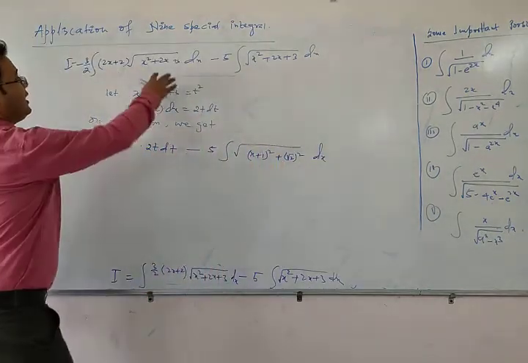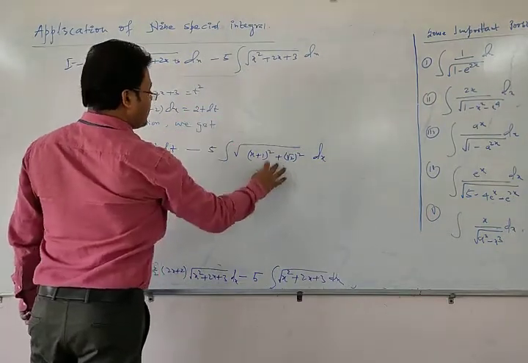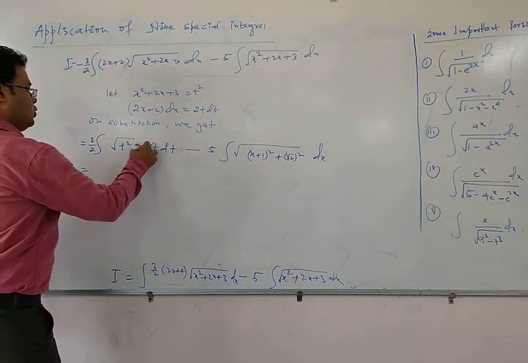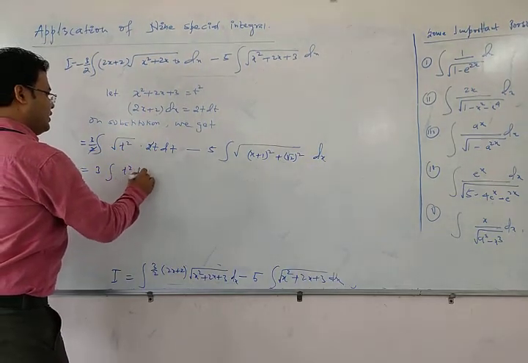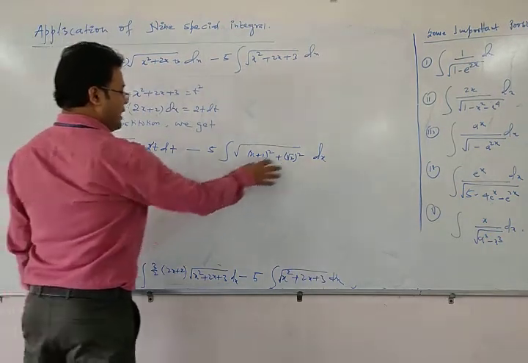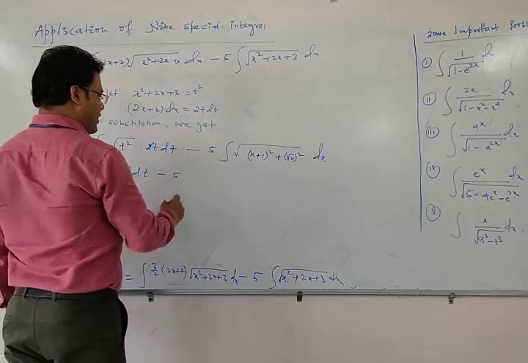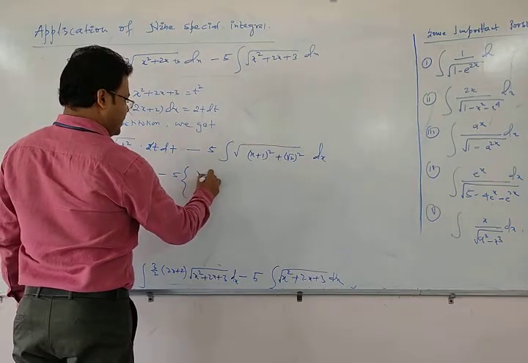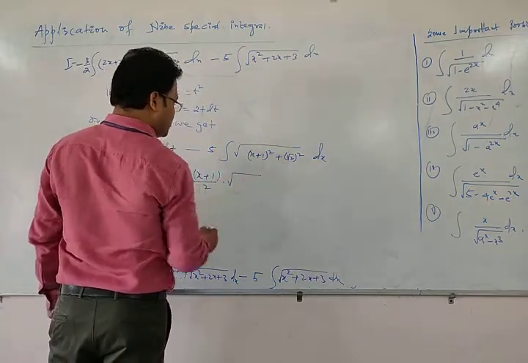In one of the integrals we will use the substitution, and in the other we use the making of a perfect square. So here 2 and 2 cancel out, so 3, this becomes t square dt minus 5, and we directly use the formula. So here we can write x plus 1 divided by 2 into the square root of x square plus a square.